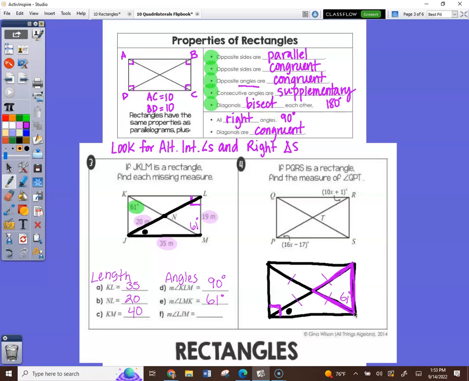I was drawing this little one here. Because the diagonals are all congruent and are bisected, it's an isosceles triangle.